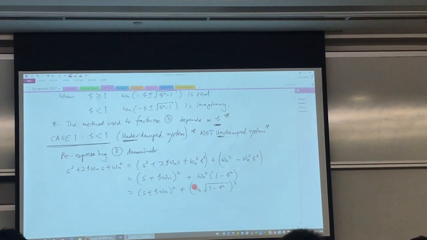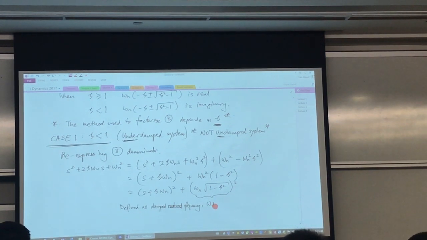So this term that's in the round bracket, without the square, is a new term that I call omega d, where omega d is defined as damped natural frequency, or sometimes it's just damped frequency.